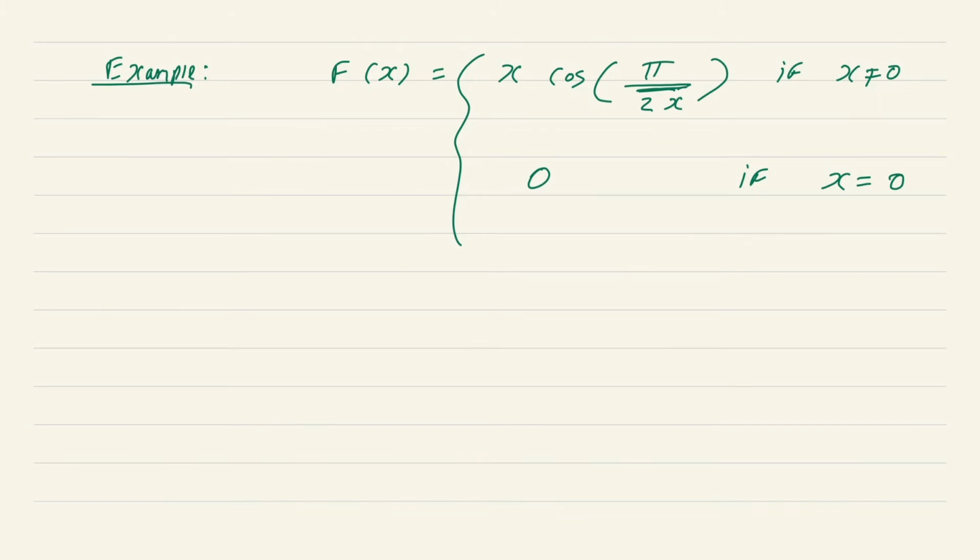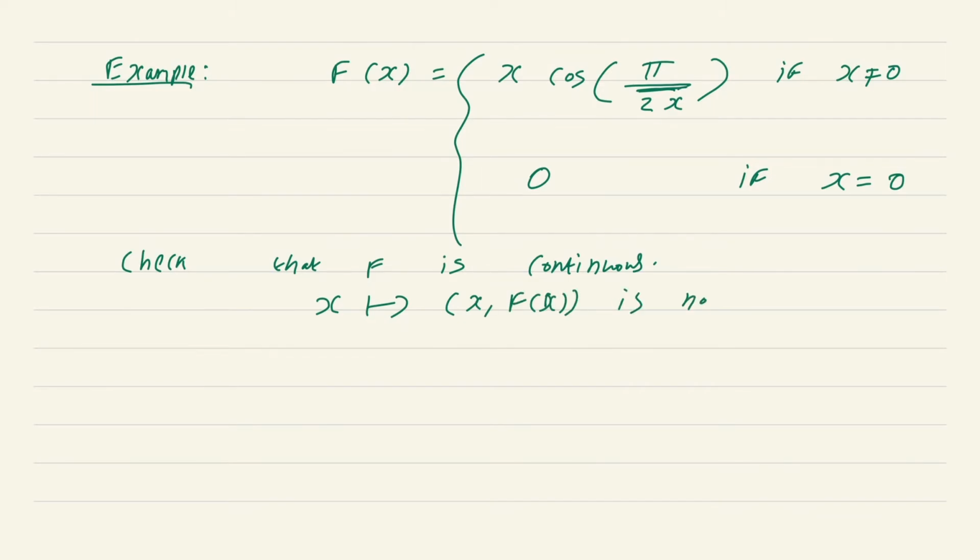Now, first exercise for you: check that f is continuous. I'm going to claim that the function x going to x comma f of x is not rectifiable on 0, 1. I'm going to treat it as a curve defined on closed 0, 1. This is essentially the graph of the function f.